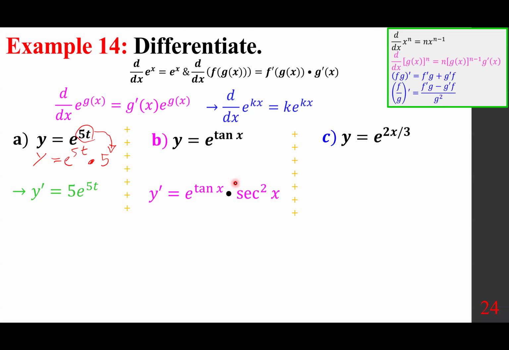Part C, I want you to notice this means two-thirds x, and most everybody does, just in case I'm going to rewrite it. Therefore, the answer is itself times the derivative of the exponent, which is simply 2/3. We put that in front and we are done.